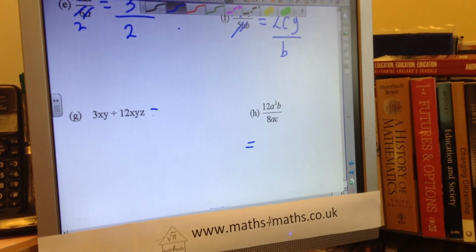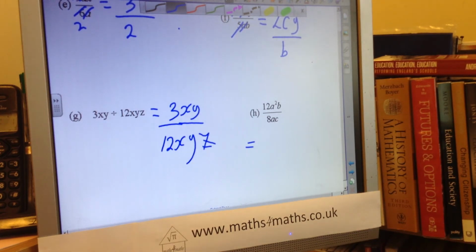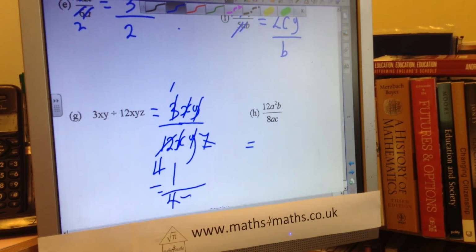We write first as a fraction, so we have 3 over 3xy all over 12xyz. 3 here, 1, 3 here, 4. X cancels out x, one of the y's cancels out one of the y's. So we'll be left with only 1 as a numerator, and then in the denominator we have 4 and z. So we have 4z, yeah, that is it.